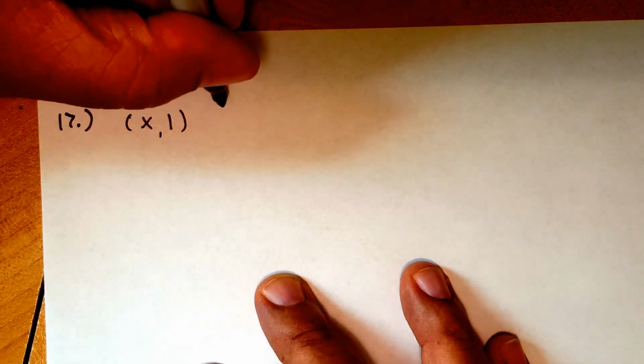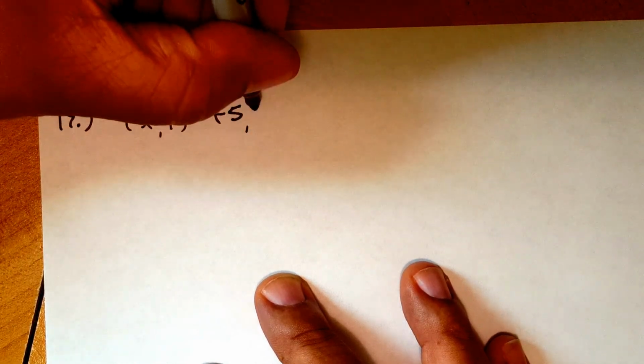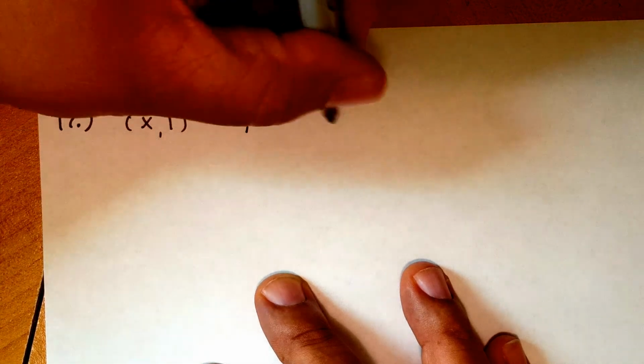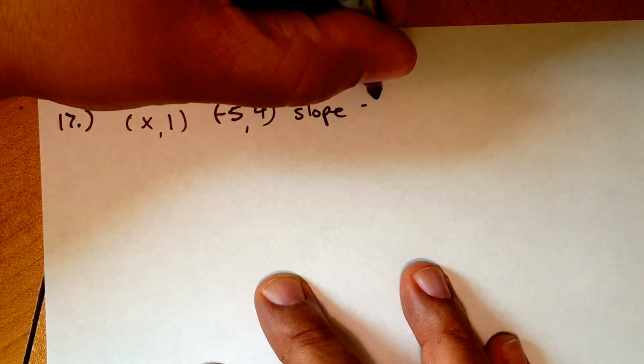So this is Unit 2B classwork, number 17. So we have x1 and negative 5, comma 4, and our slope is equal to negative 1/3.